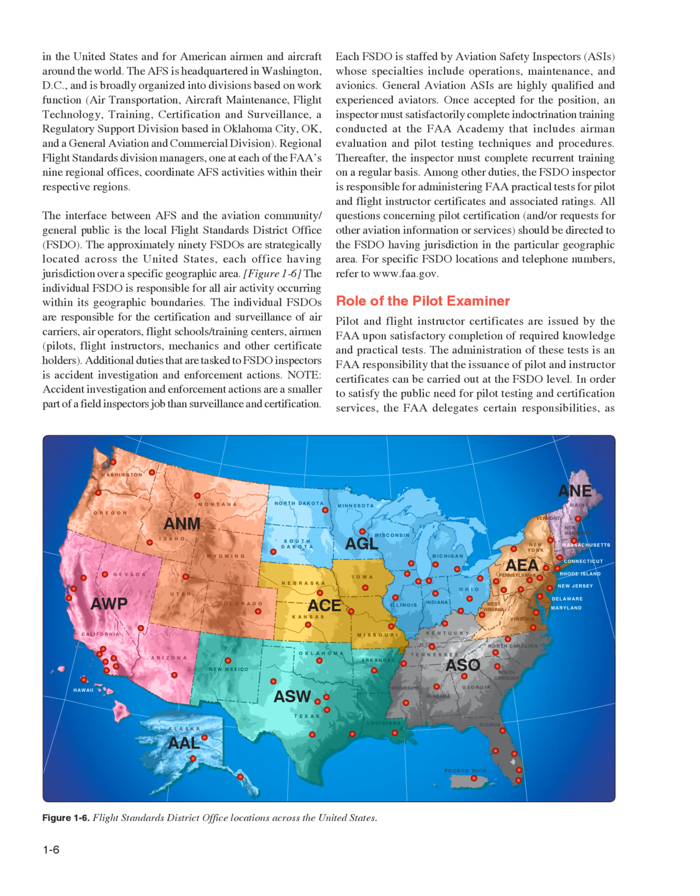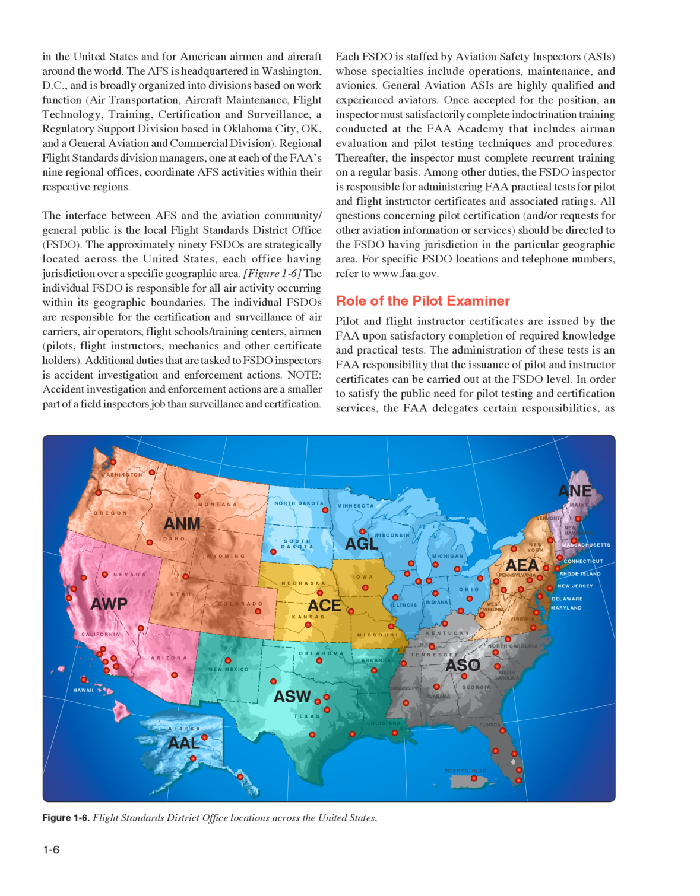The AFS is headquartered in Washington, D.C., and is broadly organized into divisions based on work function: air transportation, aircraft maintenance, flight technology, training, certification, and surveillance, a regulatory support division based in Oklahoma City, Oklahoma, and a general aviation and commercial division. Regional Flight Standards Division managers, one at each of the FAA's 9 regional offices, coordinate AFS activities within their respective regions.